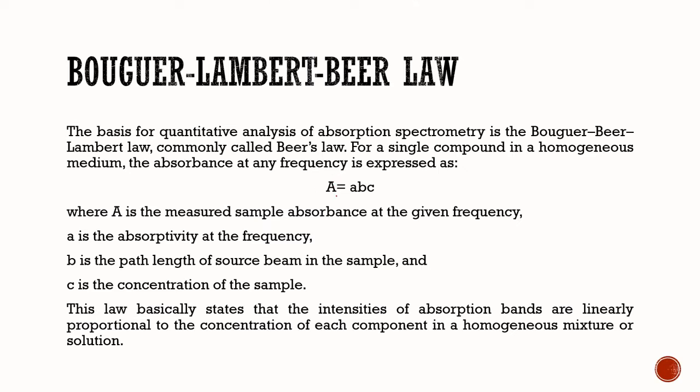Where capital A is the absorbance, small a is molecular absorptivity, and molecular absorptivity is given as epsilon. I have already discussed the difference between A and epsilon in my previous videos, so you can go through them. B is the path length and C is the concentration of the sample. So the intensity of absorption bands are directly proportional to the concentration as well as the path length.